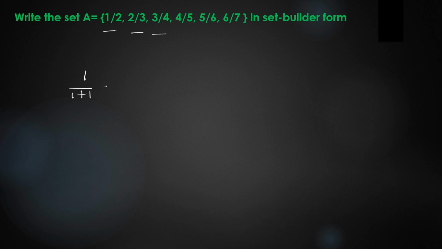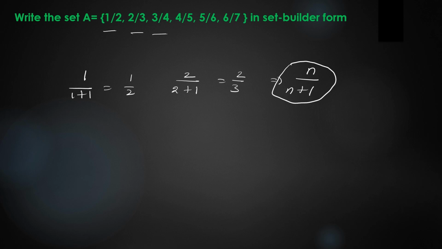I'll get 1 by 2. What if I take 2 by 2 plus 1? I'll get 2 by 3. So from these, shall I write n by n plus 1? If I place 1 here, I'll get 1 by 2. If I place 2, I'll get 2 by 3. If I place 3, I'll get 3 by 4, like that, right? So this is the value we have taken as a formula.